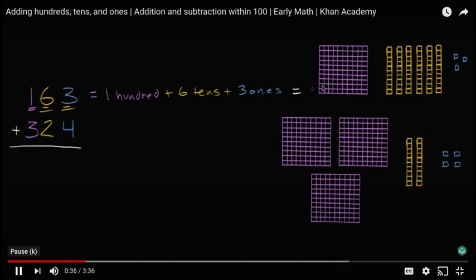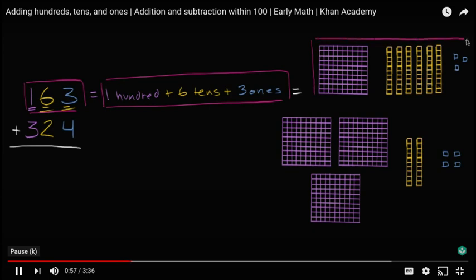And you see it as 100, 6 tens, and 3 ones. So this number right over here, 163, is the same thing as 100 plus 6 tens plus 3 ones. If you want to think about what it looks like, this is 163 things. You see the 100, you see the 6 tens, and you see the 3 ones.